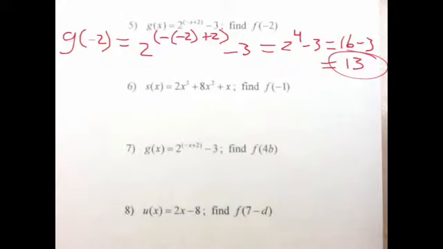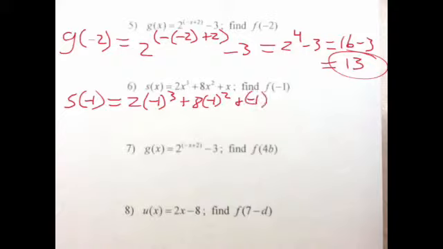And moving on to the next part, we're going to take negative 1, put it in for our x's, all 3 of them. There's another one there. And so if you want to get s of negative 1, you're going to do 2 times negative 1 to the 3rd power plus 8 times negative 1 squared plus negative 1 there.